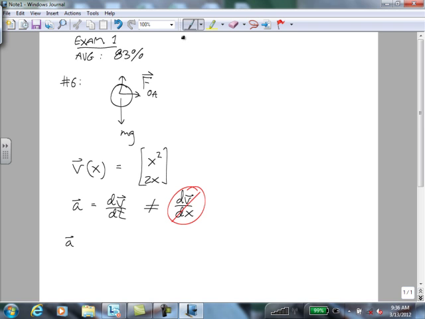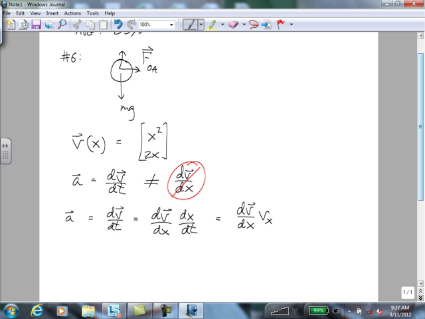What you have to do is use the chain rule. The acceleration is dv/dt. The chain rule says that's dv/dx times dx/dt, or dv/dx times the x component of the velocity vector. In this case, you get 2x, but then you also have to multiply it by x squared.